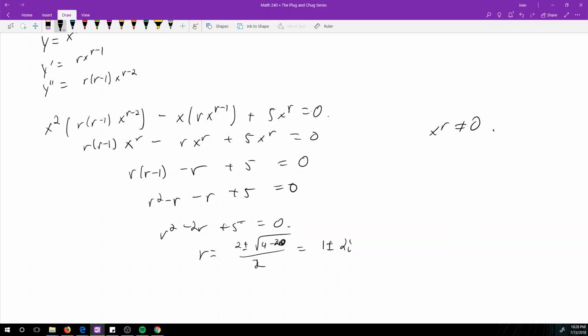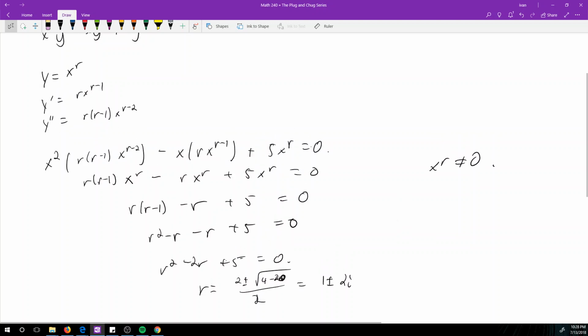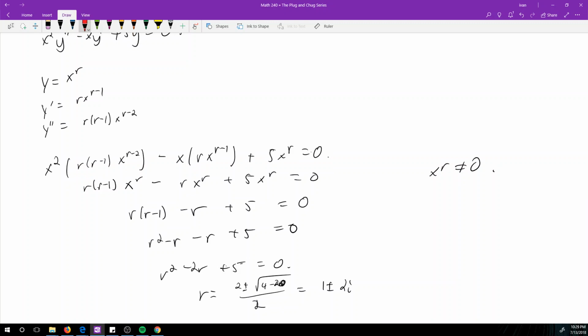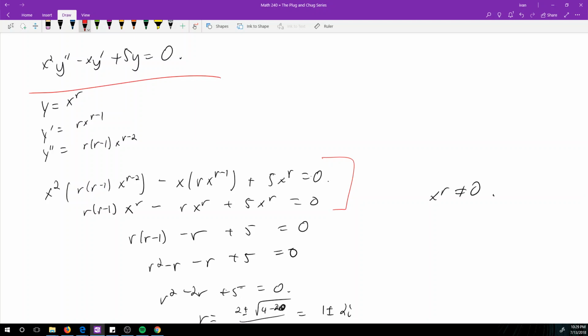You might be wondering, did I really have to show these steps? No, you can literally just go from the first step to this step. You can replace the first term with r times r minus 1, and the second term with r. Be careful, because if there's a coefficient here, you need to have that coefficient there as well.